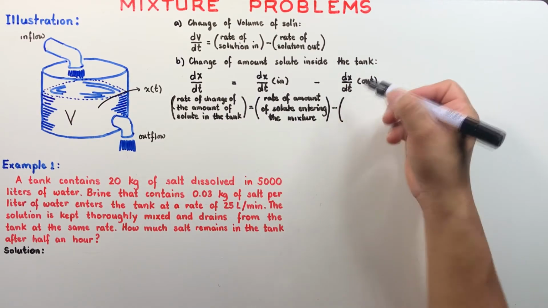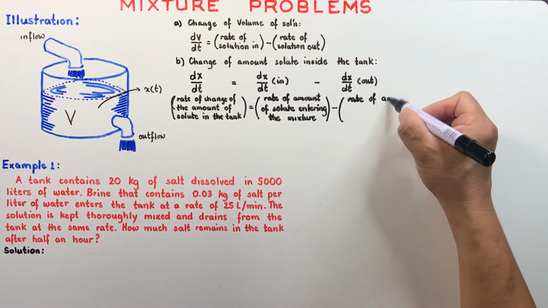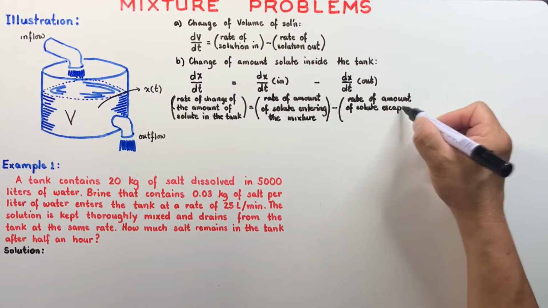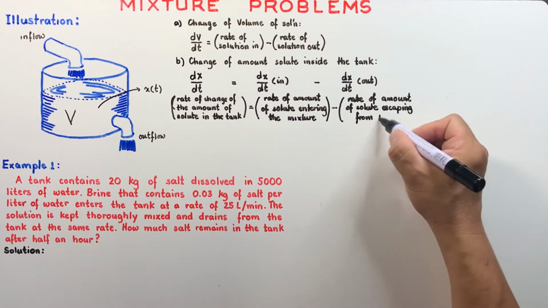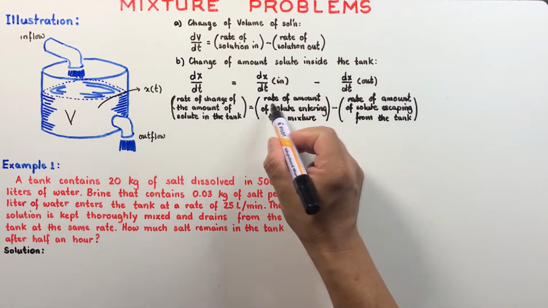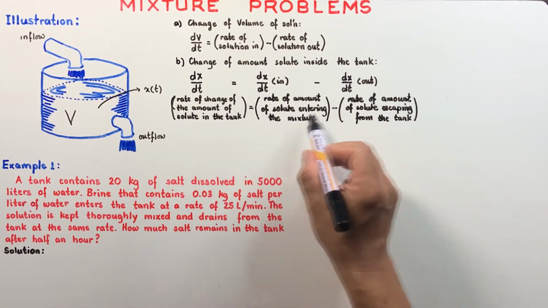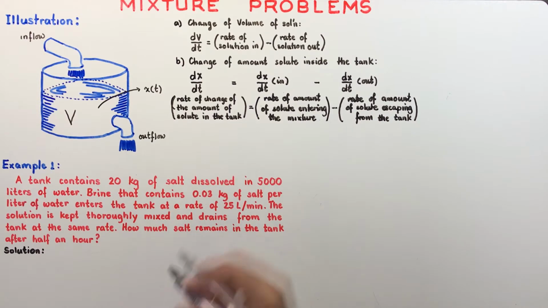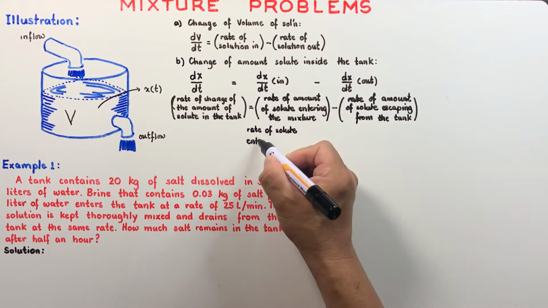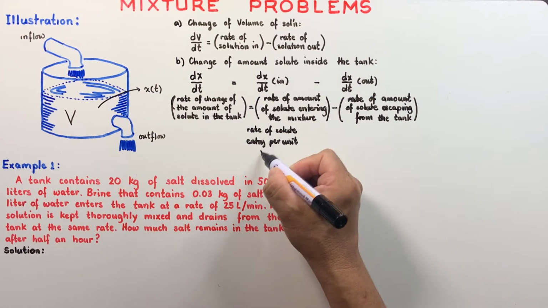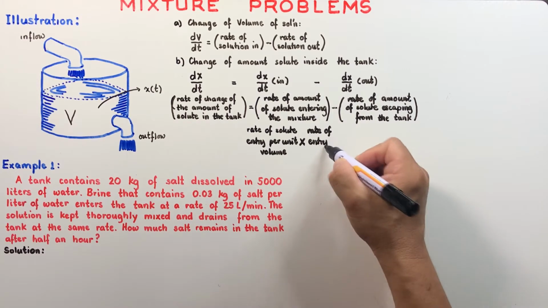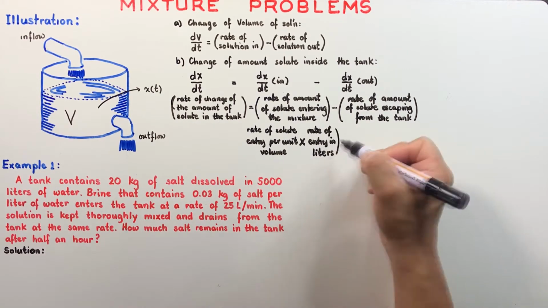And dx/dt out is the rate of amount of solute escaping from the tank. And this rate of the change of the amount of solute entering the mixture inside the tank can be computed by the product of the rate of solute entry per unit volume, multiplied by the rate of entry in liters.